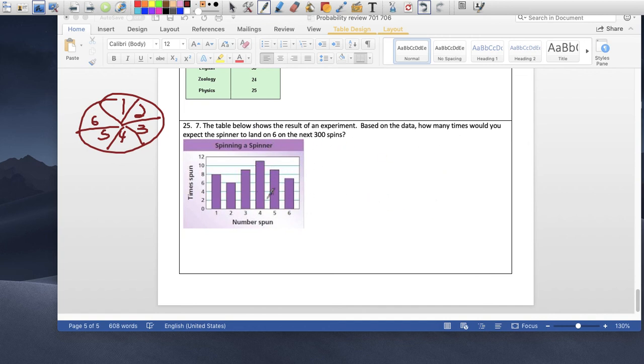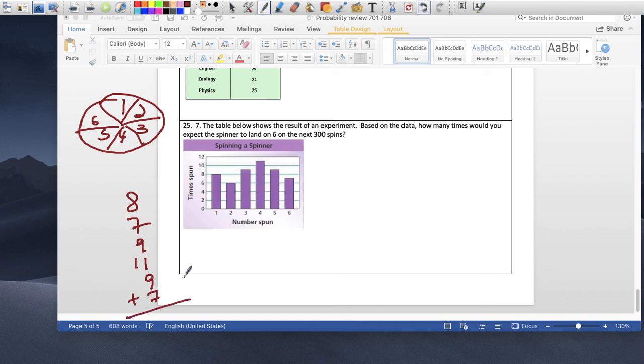Let me see how many times we spun this in the experiment. It landed on 1 8 times, on 2 6 times, on 3 9 times, on 4 11 times, on 5 9 times, and on 6 7 times.